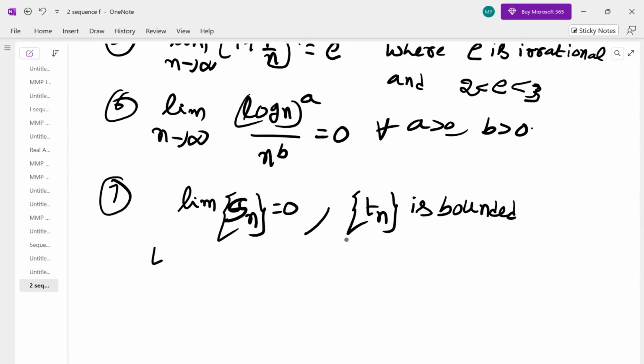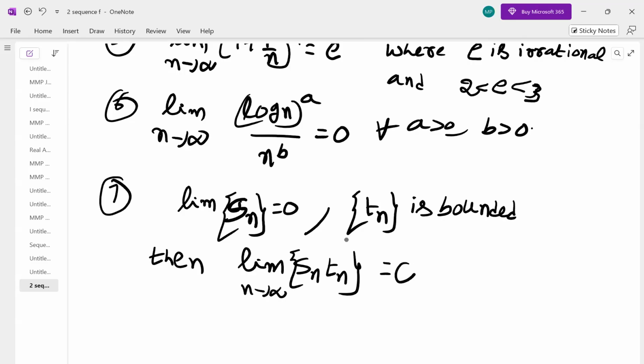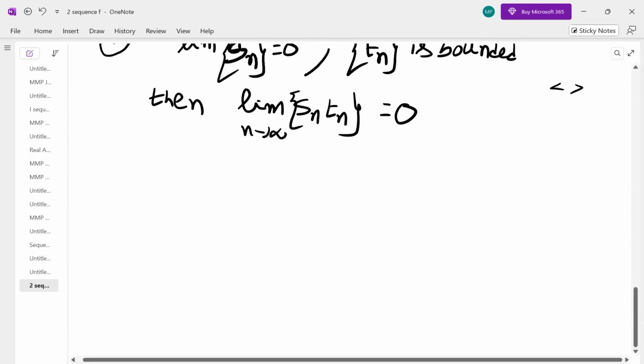Then, very interesting, limit of Sn into Tn is 0. I can use this bracket also instead of the flower bracket. So whenever in this product one of them is bounded and the other's limit is 0, then this limit is 0.